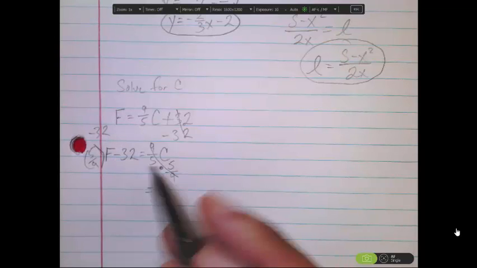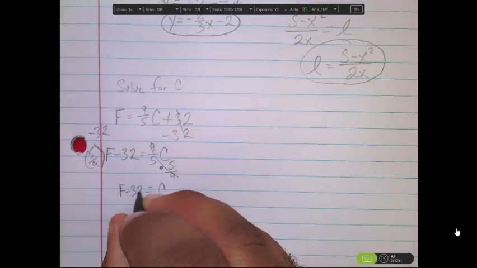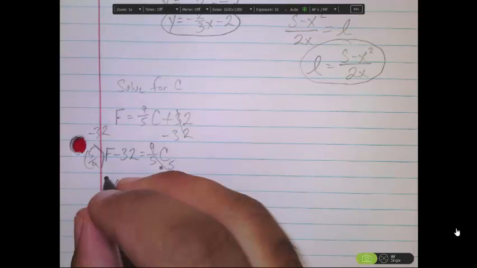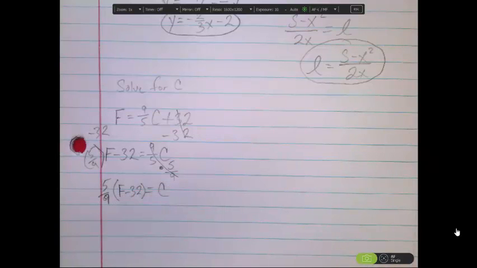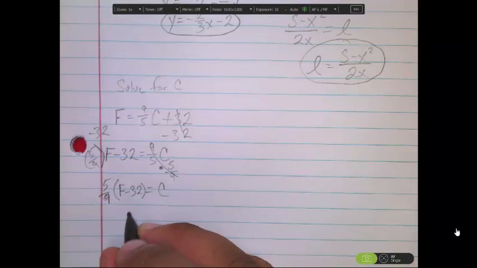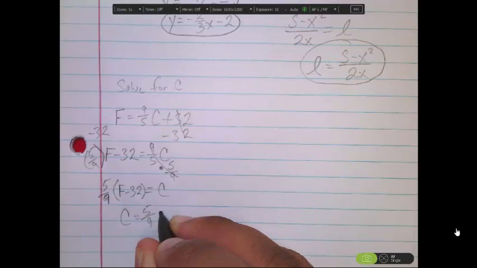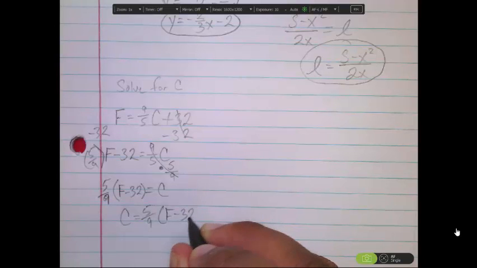So we're going to put that in parentheses, F minus 32, and multiply all that by 5 ninths. Okay? And that is our answer. Again, we're going to rewrite it to put our C on the left-hand side. So C equals 5 over 9 times F minus 32.